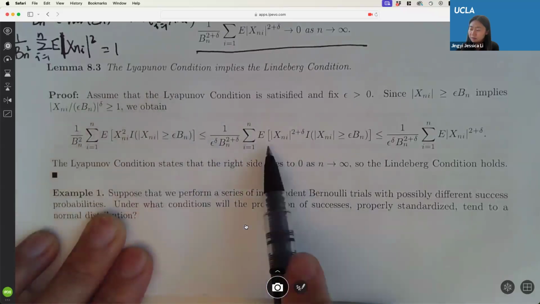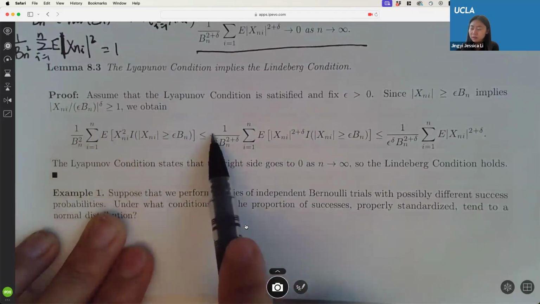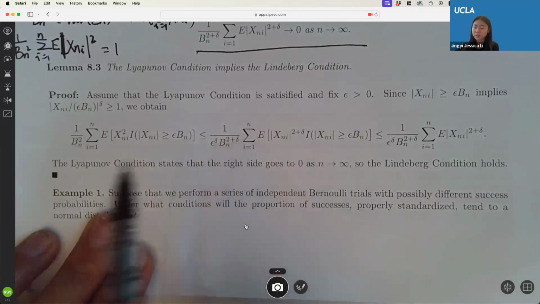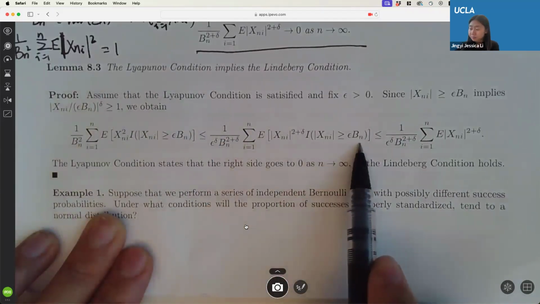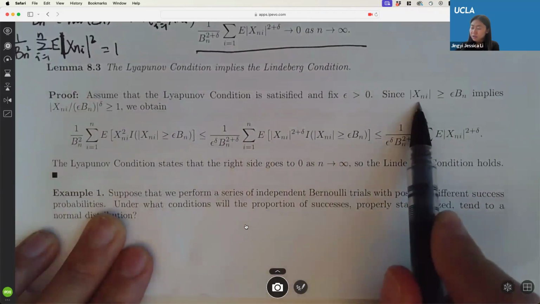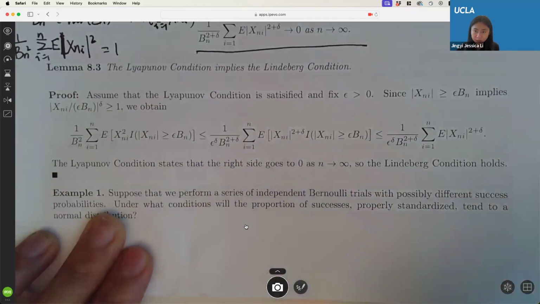So you just multiply into that. Because this is greater or equal than 1, the multiplication gives you an upper bound. You basically multiply this ratio here. This indicator stays. But you only care about when the indicator function takes value 1, because if it takes value 0, you don't care, right?